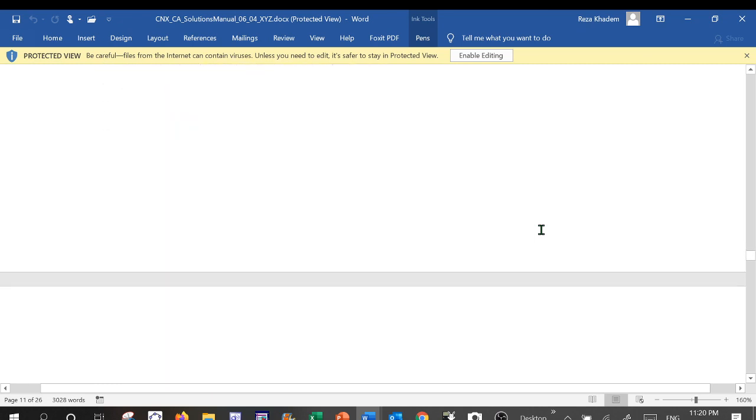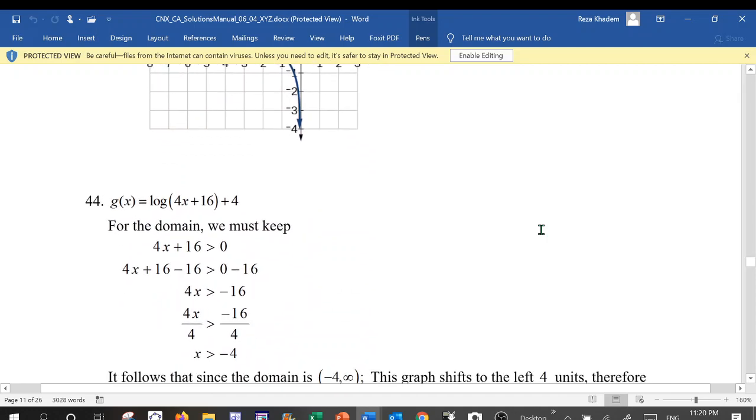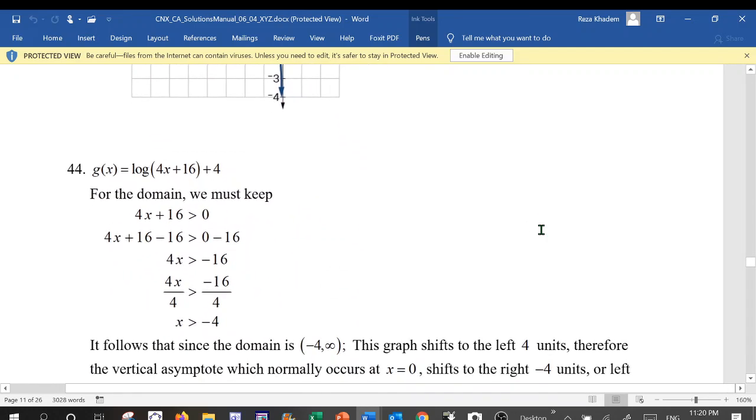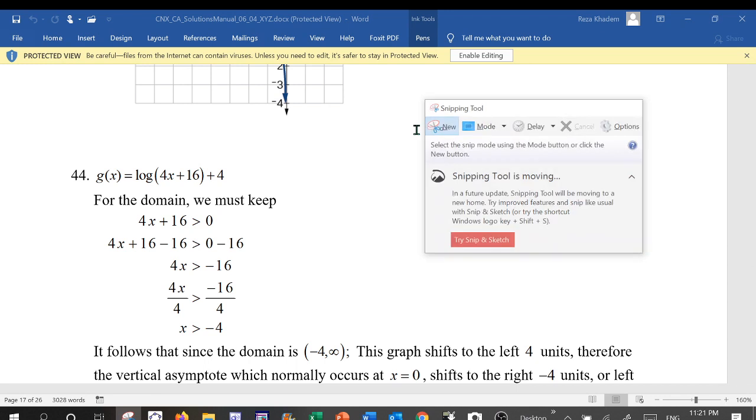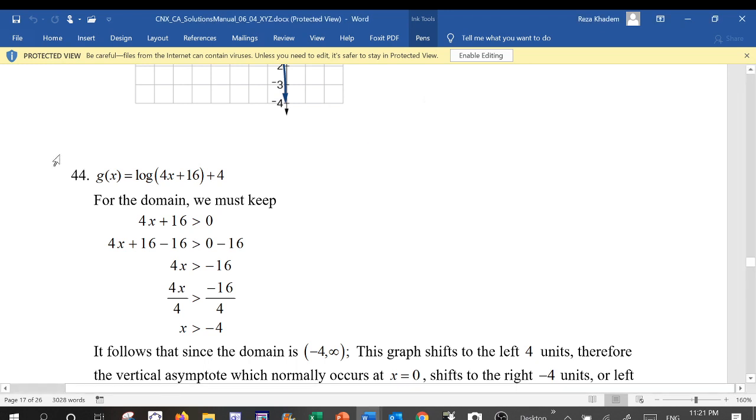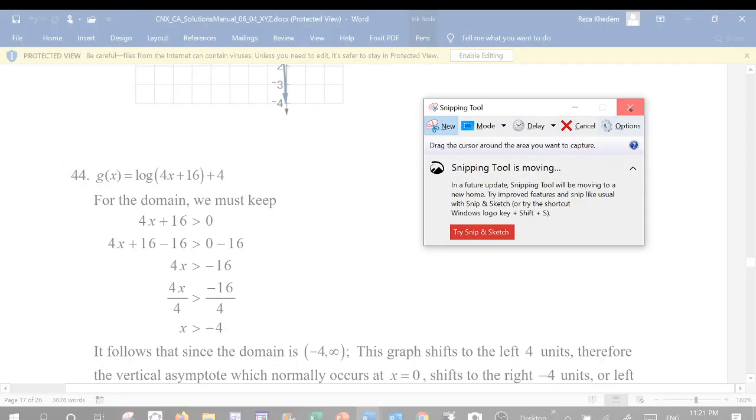Let's do this one here. Again, it's the same kind of situation. So let's see if we can graph this.